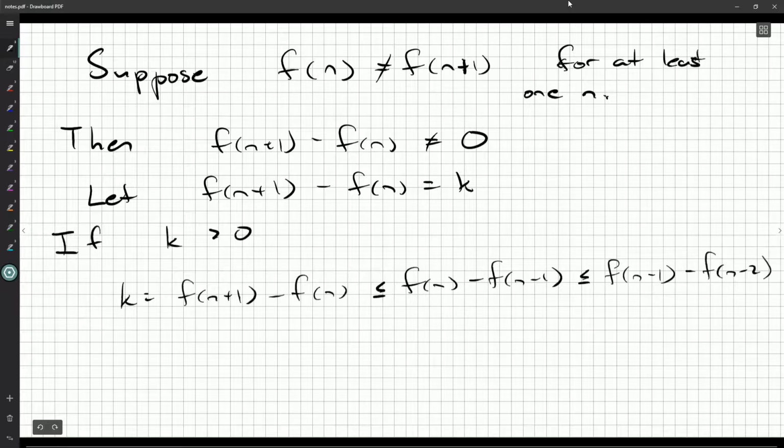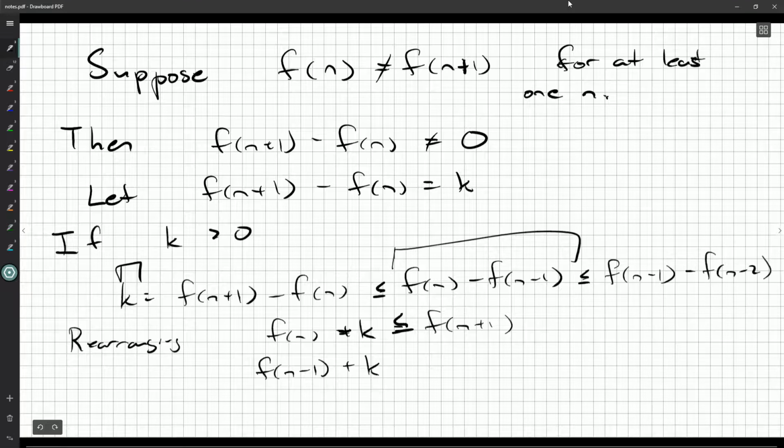So I think what we can do is show that working backwards. So if I rearrange this, f(n) plus k is f(n+1). And actually, let's say less than or equal. And so f(n-1) plus k, rearranging this expression here, is less than or equal to f(n).